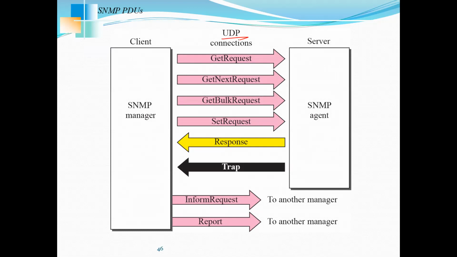As you can see, the manager will create a port where it can send out requests: get next request, bulk request, set request, and so on. The agent will be listening on a specific UDP port, and then the agent can send back out responses, and remember that it can also send out traps.